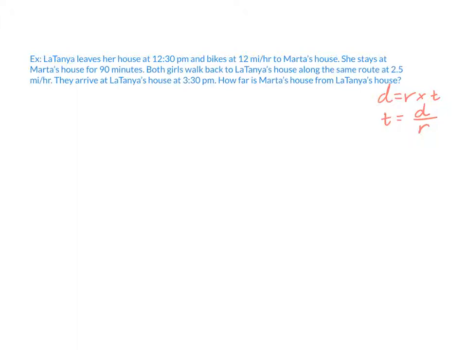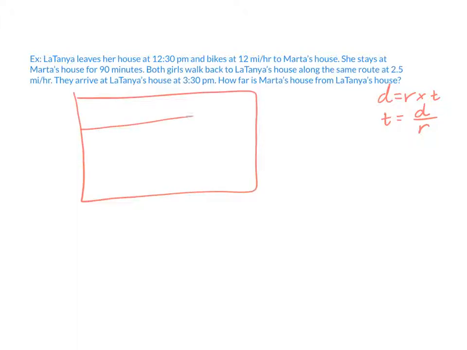Again, what's going to help me is drawing a nice table for myself. I know that when she is going from her house to Marta's house, she's going to be going at a rate of 12 miles per hour.